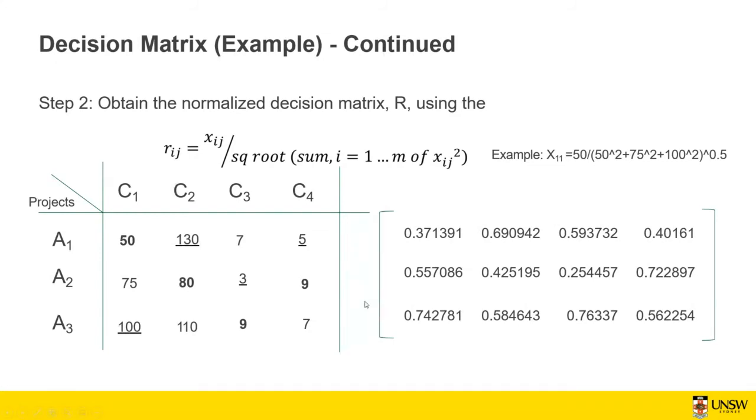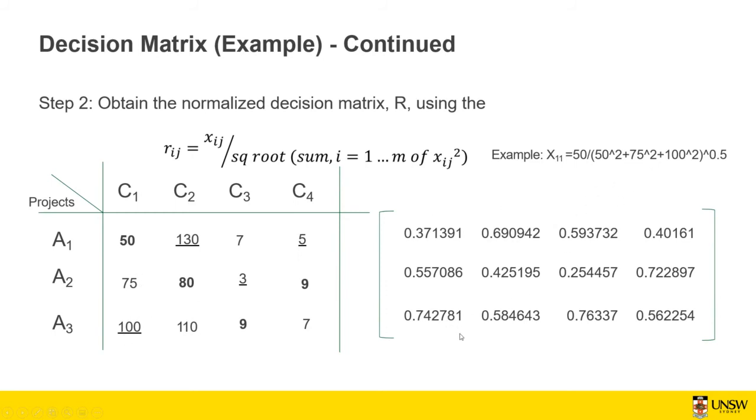You would do the same thing for project A2 and C2. Instead of 50, you put 75 here, and this part of the equation is going to be the same: the first value in the first column, the second value, and the third value in the first column.